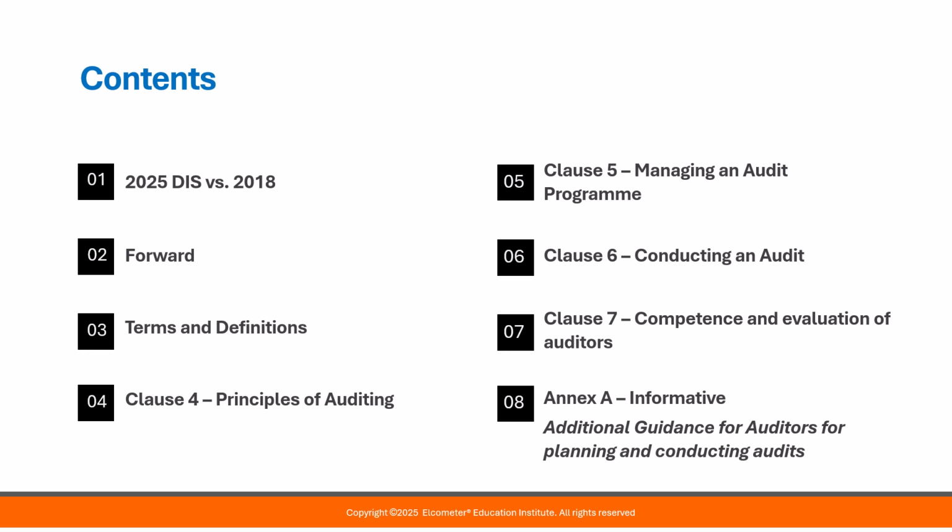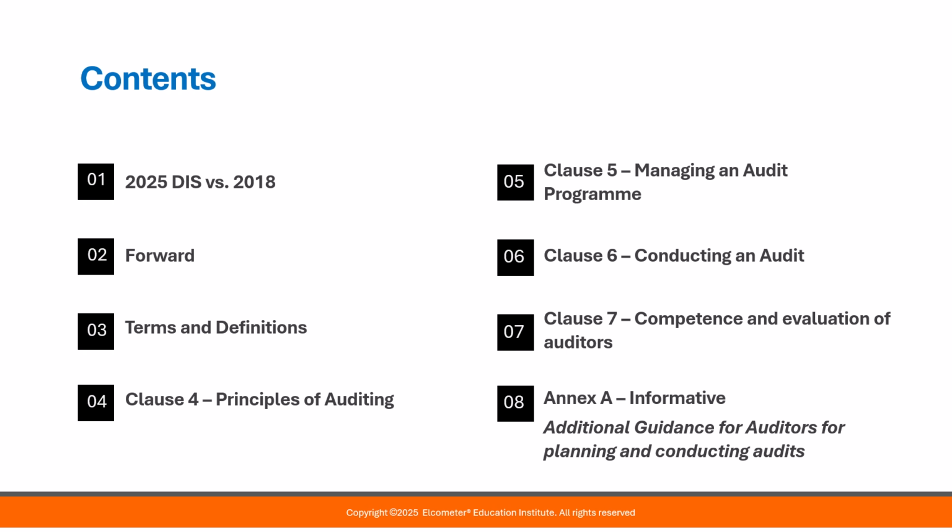The additions to the foreword of ISO 19011-2025, changes to the terms and definitions, changes to the principles of auditing that are found in Clause 4, changes to managing the audit program that are covered in Clause 5, conducting an audit, the planned additions in Clause 6, competence and evaluation of auditors, the planned additions to Clause 7, and Annex A, the additions to the guidance for auditors for planning and conducting audits.